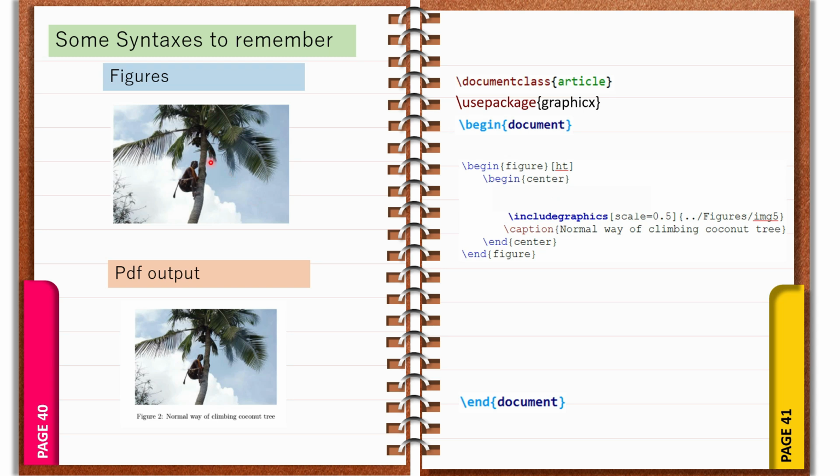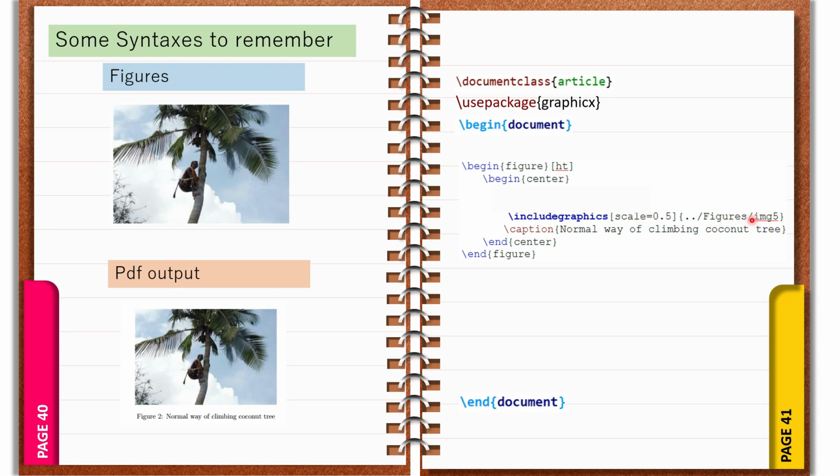I have here a picture, so I have to align this picture center. Therefore I am going to write the code here, begin figure and end figure. Between begin figure and end figure, I am going to tell the compiler to put this figure in center, and then I am going to include this figure where exactly it is stored in the computer.